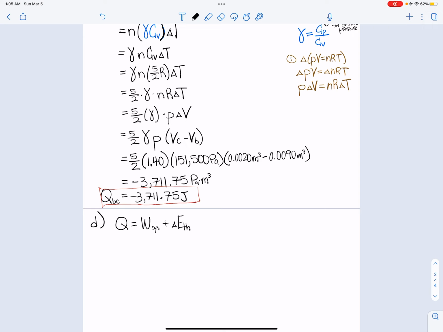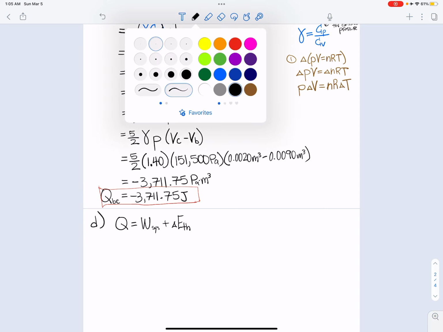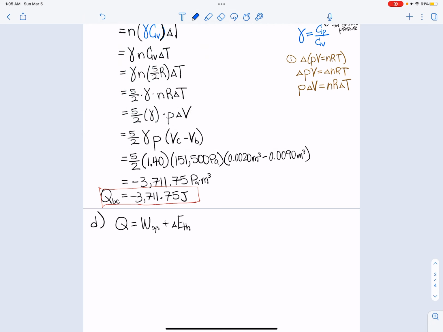Okay, what do I know about a heat engine or a closed cycle device? Okay, so I'll write that down here. I'll write it in red, I guess.